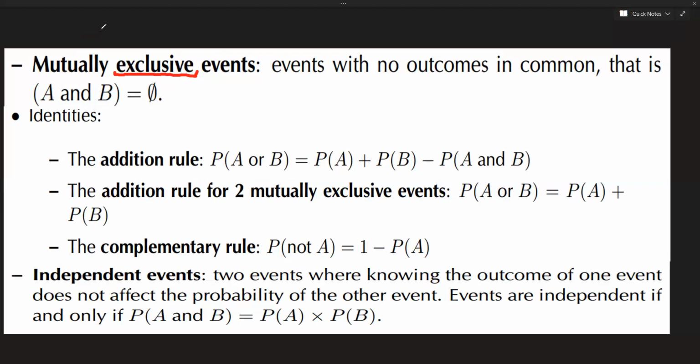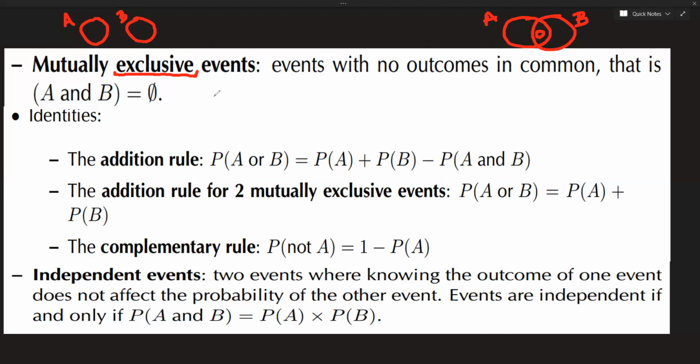For example, if I were to draw the Venn diagram for mutually exclusive events, this will be the circle for event A. This will be the circle for event B. There won't be an intersection, right? Or if there's an intersection, the probability here would be 0. So these two Venn diagrams represent mutually exclusive events.